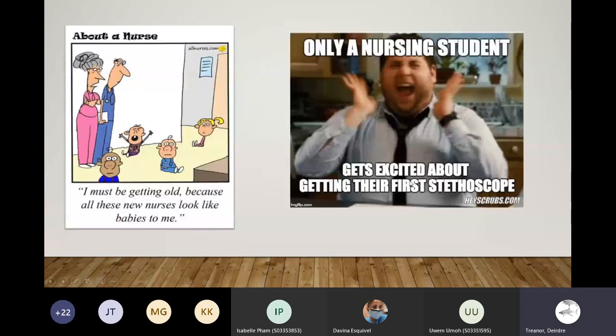Fundamentals, okay. And then this other one, only a nursing student gets excited about their first stethoscope. This is about the time where we'd all be going through our backpacks that you guys are going to get, because you will have a stethoscope. I'm trying to remember all the kits that you need for all the skills.